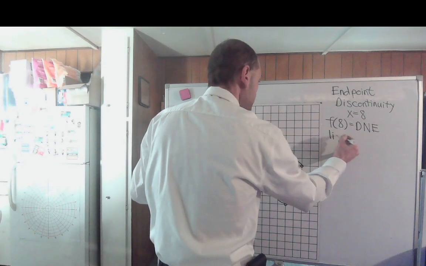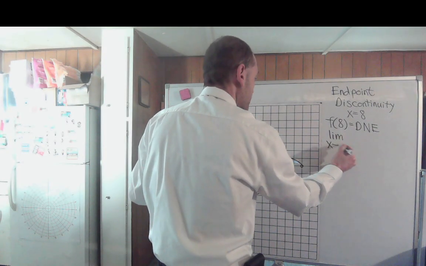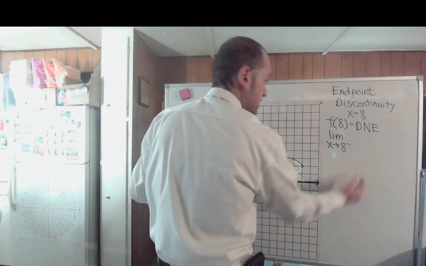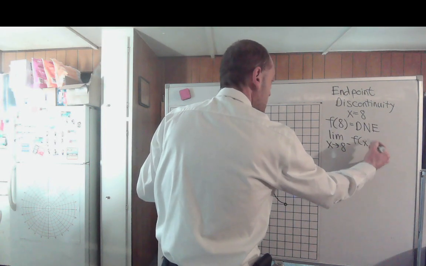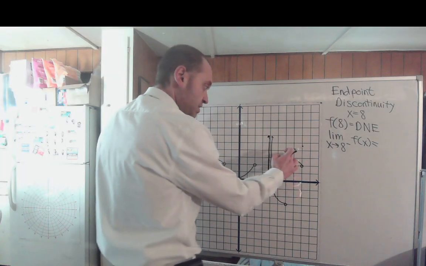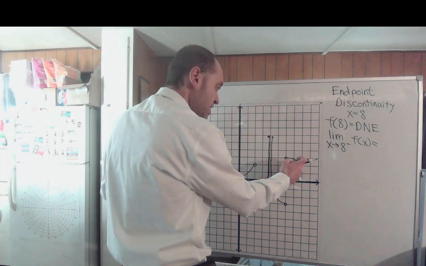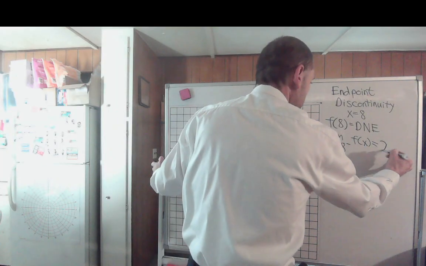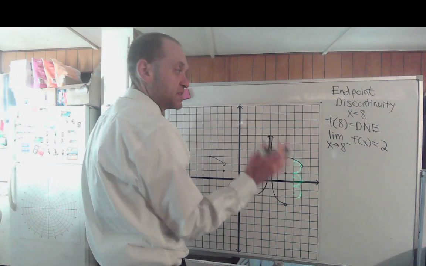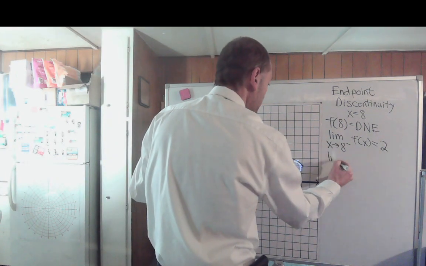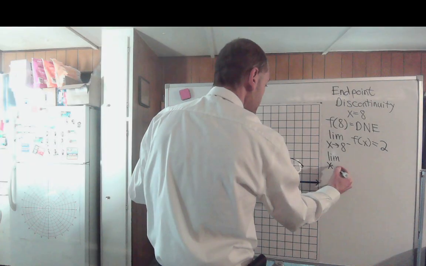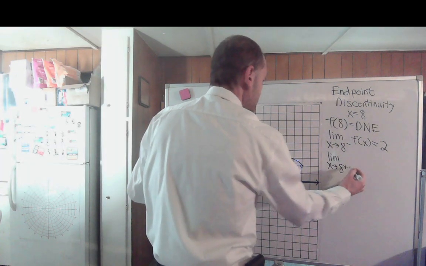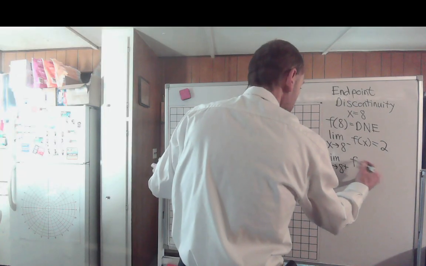What about the left-handed limit as x approaches 8 of this function? Well, as we trace the curve from the left until we reach x equals 8, we'll get infinitely close to that y value of 2. So the left-handed limit's 2. But what about the right-handed limit as x approaches 8 of this function?